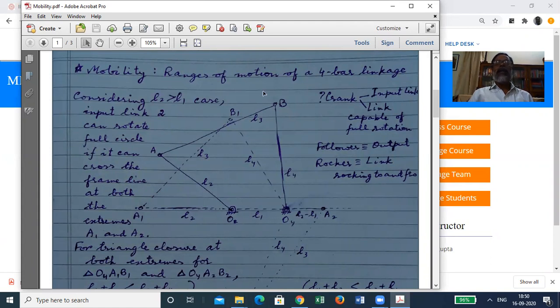Now, this is not so easy to do on a general footing for all mechanisms in one shot. So this depends on case to case, and only for a 4-bar linkage it is possible to do a complete analysis.